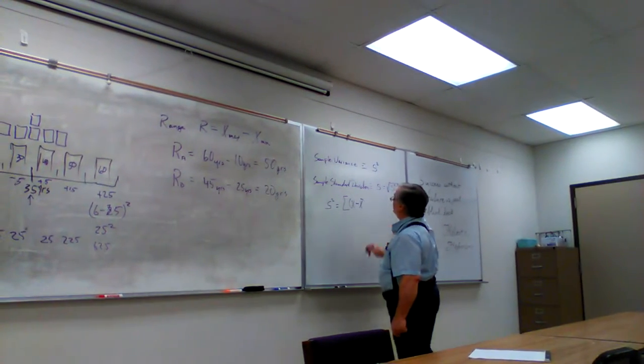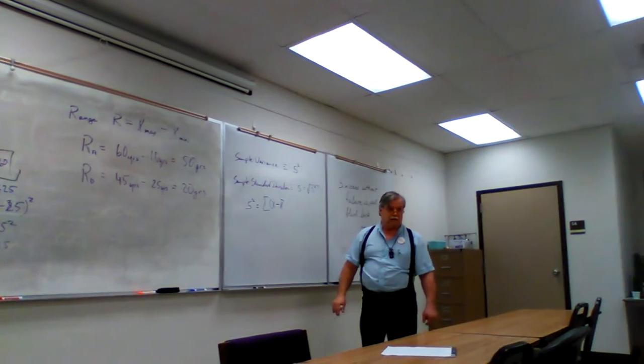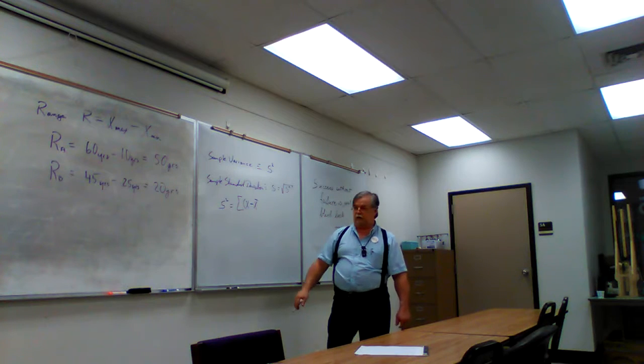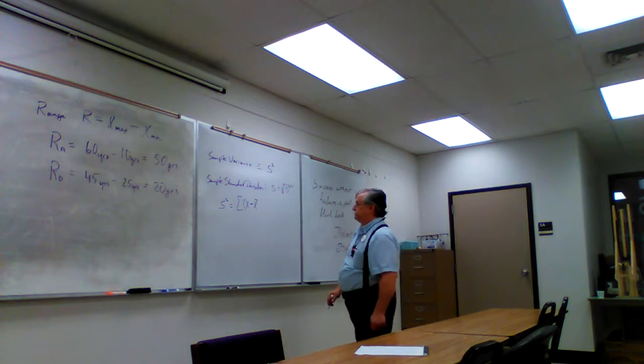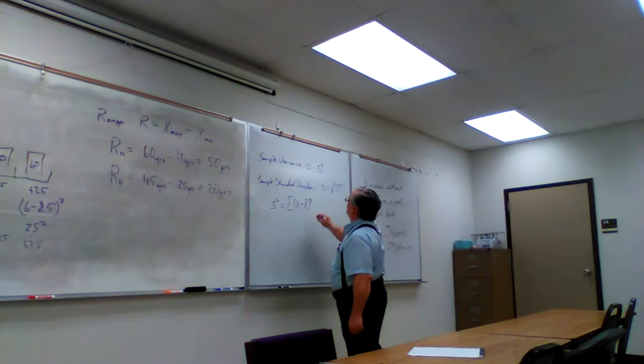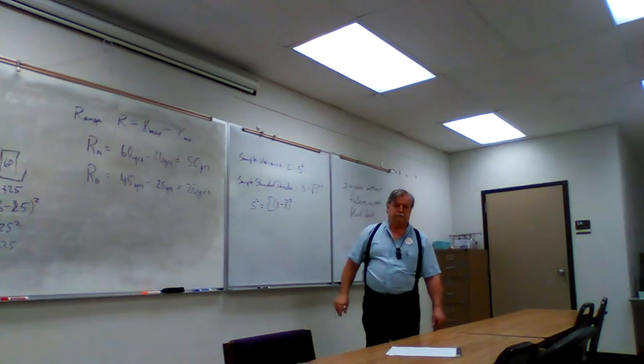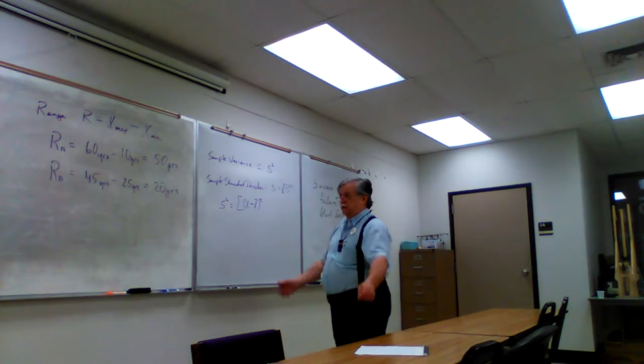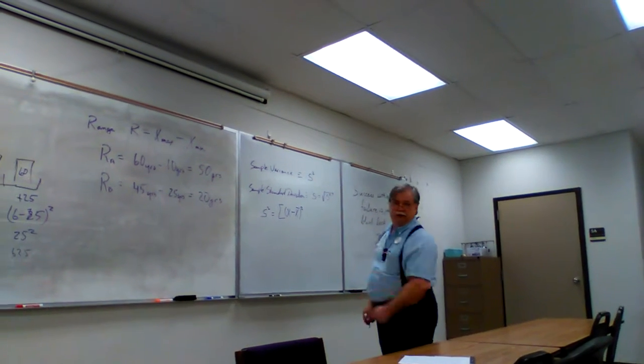Subtract from that the sample mean as opposed to the population mean. Square them. Add all of those together, just like you did with the population calculation.